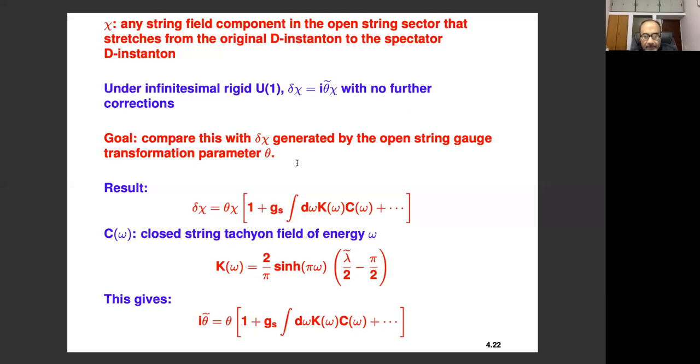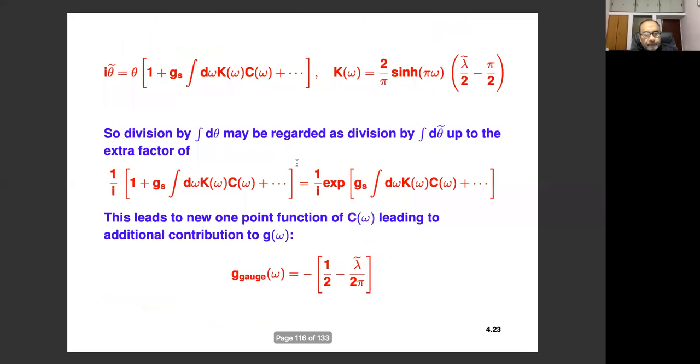Okay, so let me proceed. Here it is: the relationship between theta tilde and theta, where k is a known function. Now you see that if we divide the path integral by the integral d theta, where theta is the gauge transformation parameter of open string field theory, then this can be regarded as division by integral d theta tilde, but then we have an extra factor.